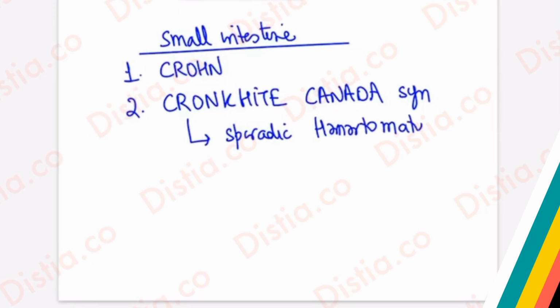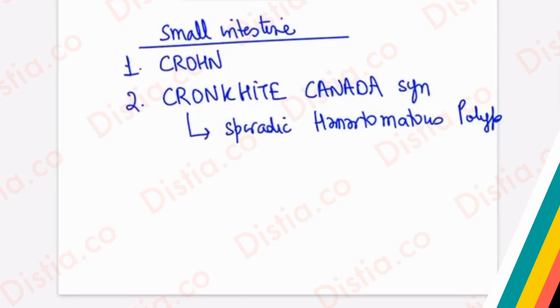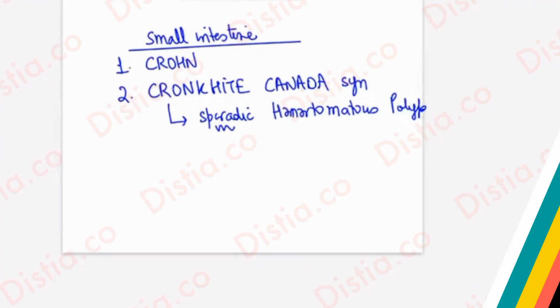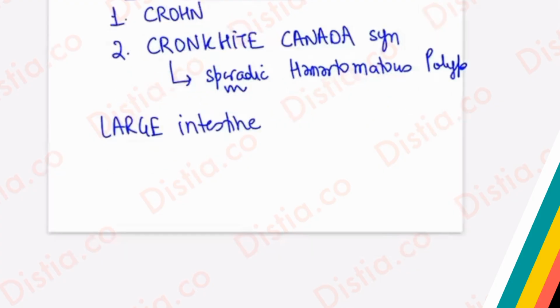You also read about hamartomatous polyps with respect to another condition, right, where there's a mucosal melanosis also present, right? Peutz-Jeghers syndrome. I know you are very thorough with Peutz-Jeghers syndrome. That is why I decided to talk here about Cronkhite-Canada, which is having sporadic polyps, and any one of these polyps can turn malignant.